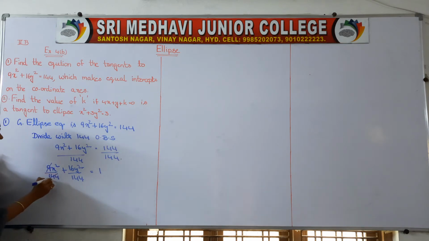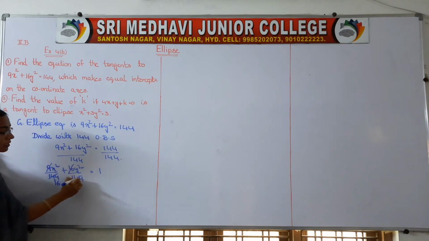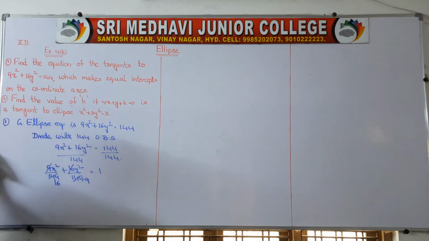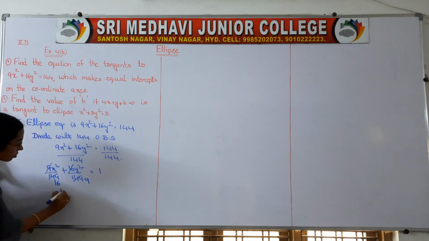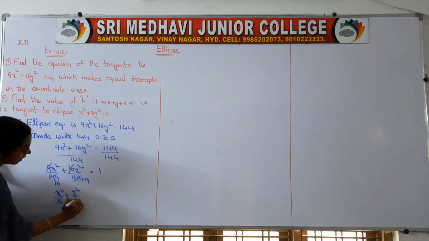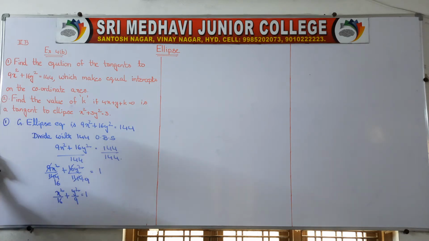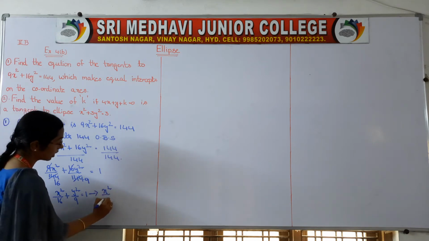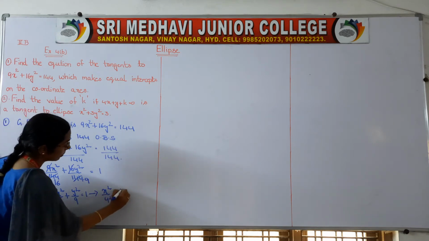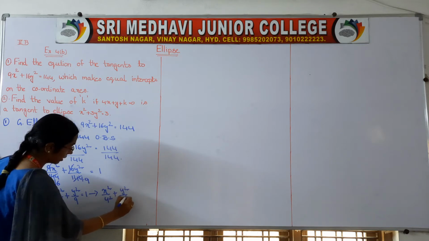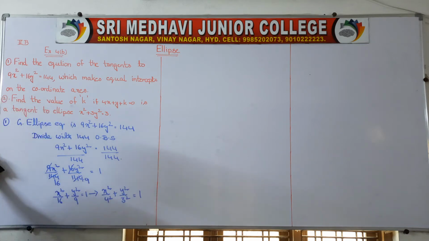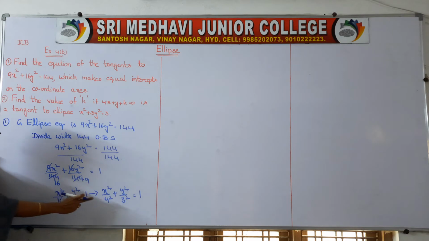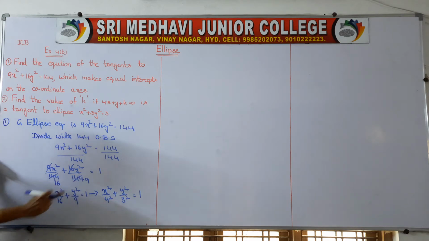So 9 16s are 144, 16 9s are 144. So it is x square by 16 plus y square by 9 is equal to 1. We can write this as x square by 4 square plus y square by 3 square is equal to 1. 16 can be written as 4 square, 9 can be written as 3 square.